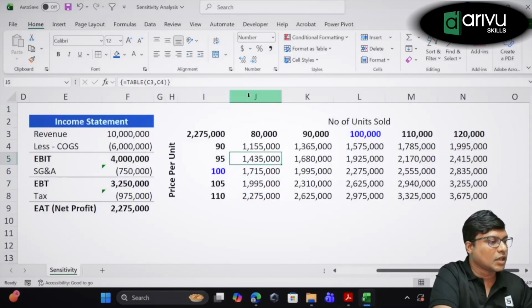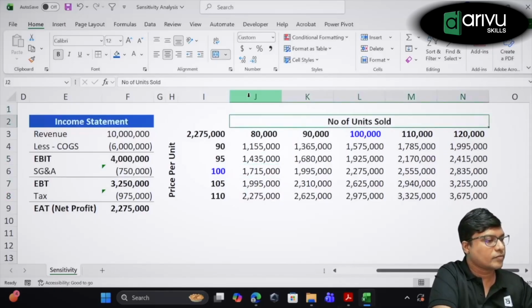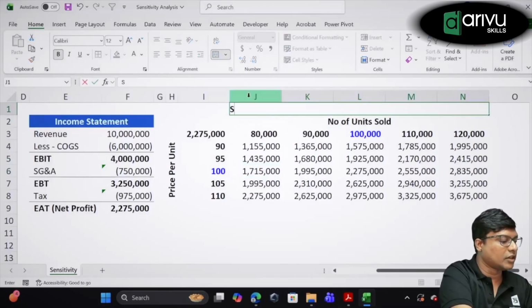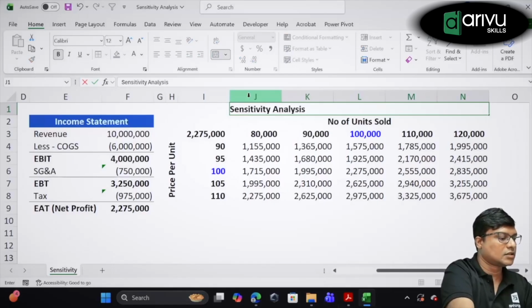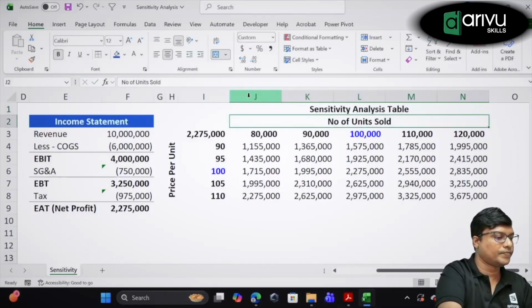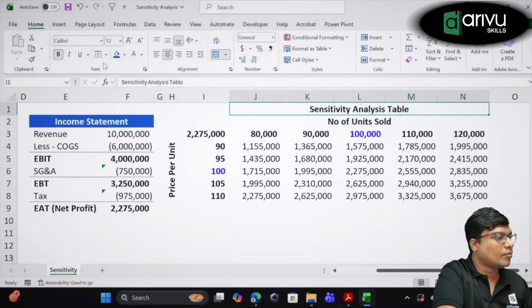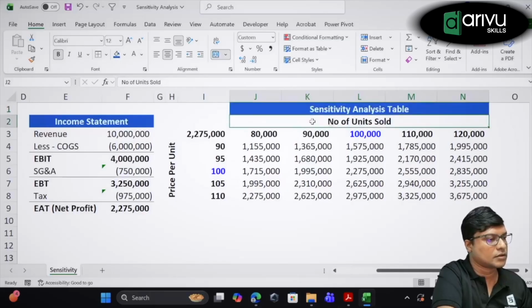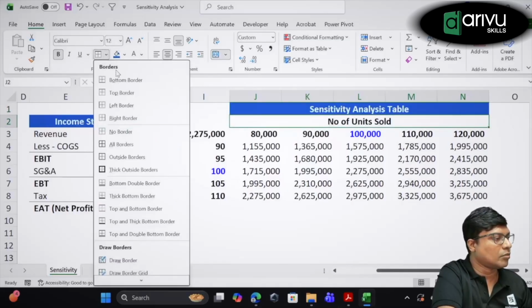Now, about this, I merge this column, I have the header sensitivity analysis table. Fill it with some color, bold it. Here, apply the bottom arrow.